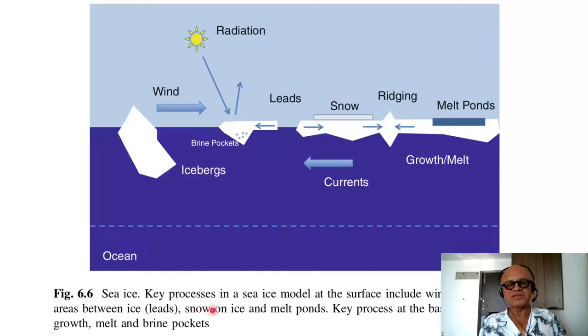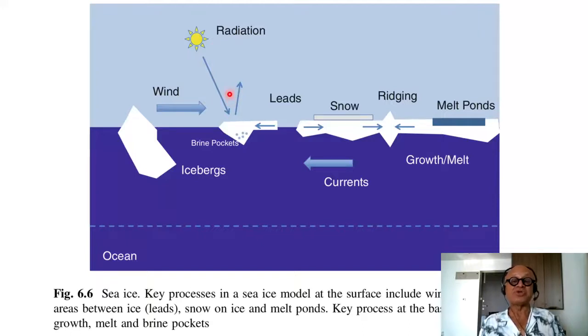Nonetheless, sea ice is a key process, and a sea ice model at the surface includes winds, radiation, open areas between ice where heat loss can be orders of magnitude larger than where sea ice is present, snow on ice, and melt ponds. So if there is snow on ice, albedo can be very high, especially if it's fresh white snow. Key processes at the base include currents, growth, melt, and brine pockets. So sea ice modeling is quite advanced now, and most models have a sea ice model.